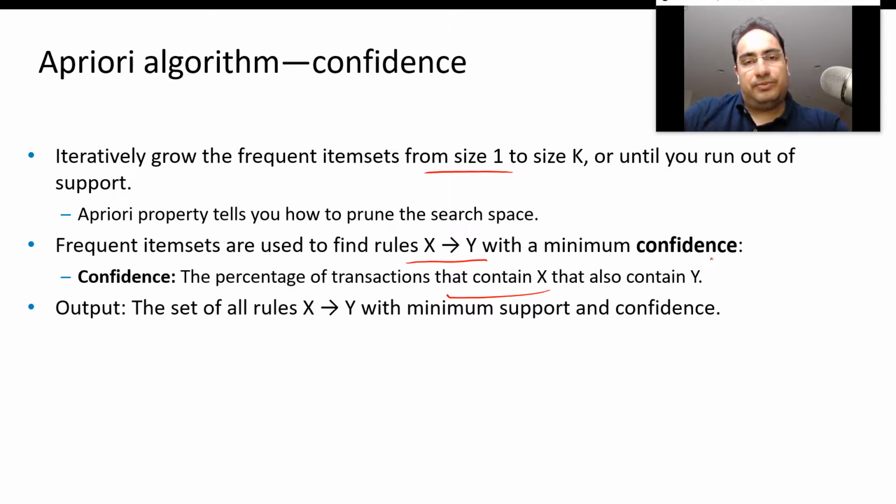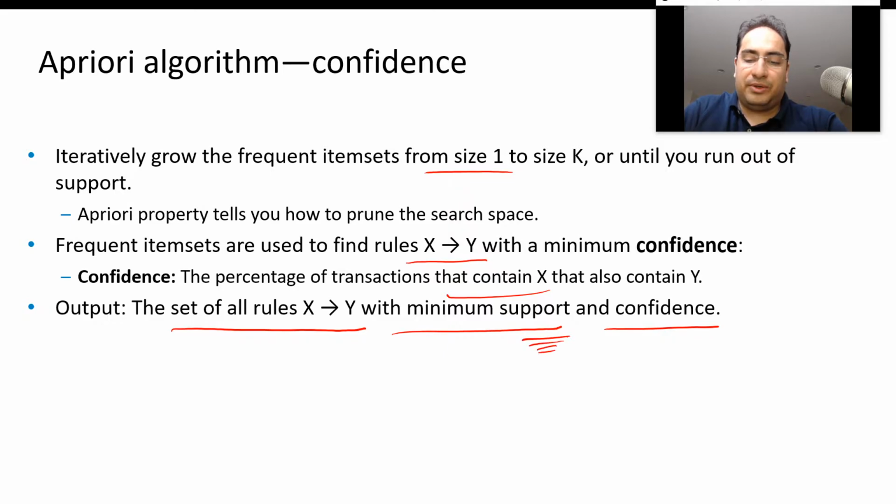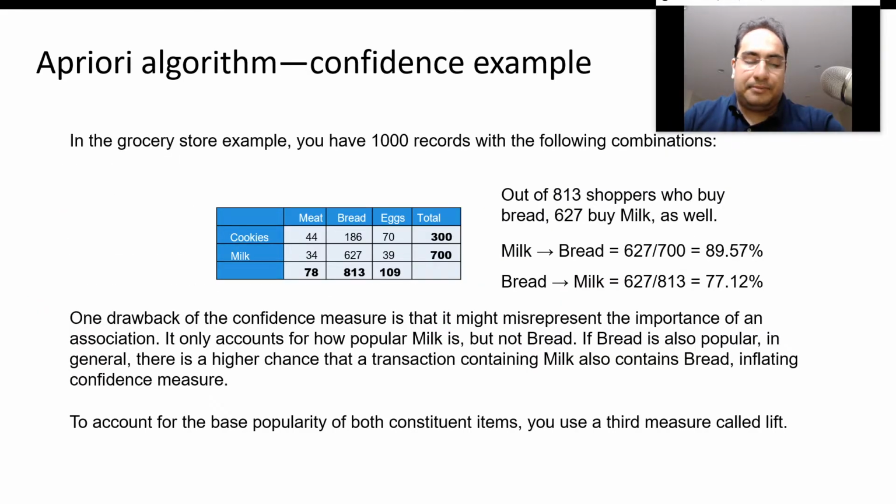So not only should we make sure that those items have a minimum support, but we should also make sure that we have confidence. I'll give you an example of that. The output of the a priori algorithm is the set of all rules in the form of X then Y with minimum support and confidence. So you should have both minimum support and minimum confidence. Let's talk about some examples here.